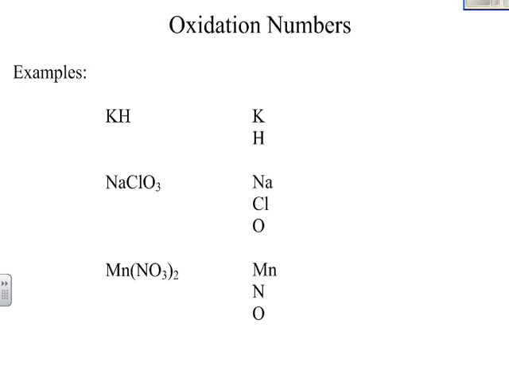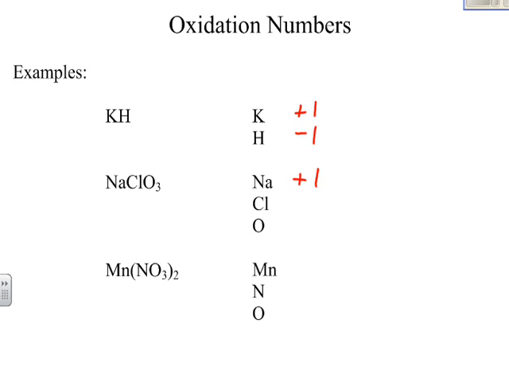So if we look at potassium hydride, potassium is a metal. Hydrogen in this case would be the anion. So potassium would be a +1, hydrogen would be a -1. Sodium chlorate, sodium would have its usual +1 charge.